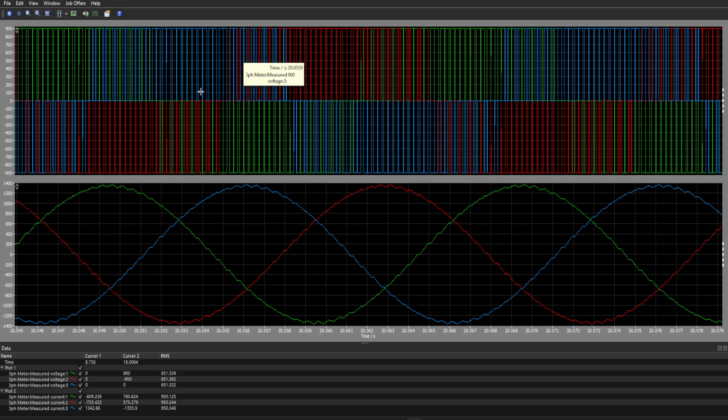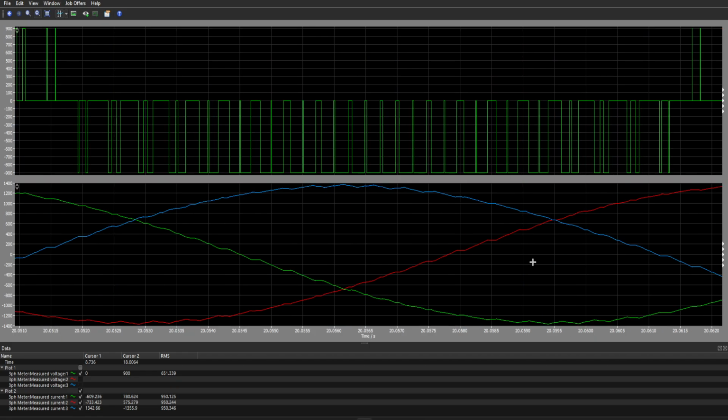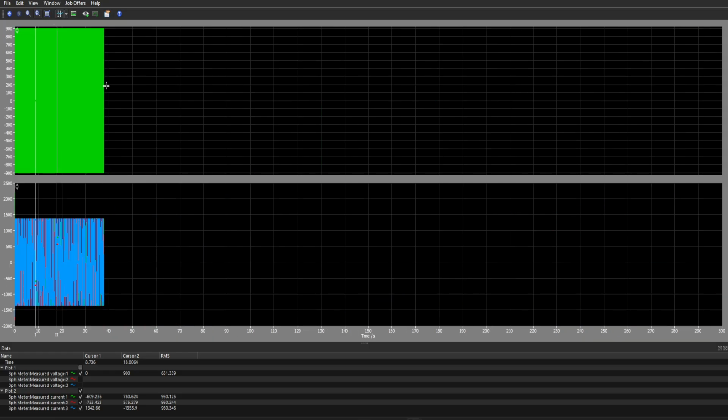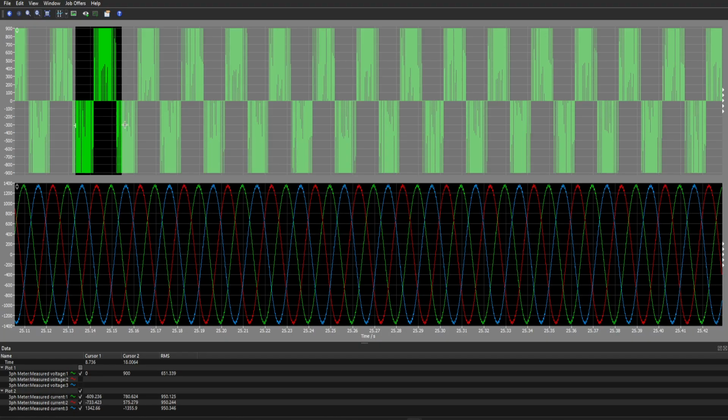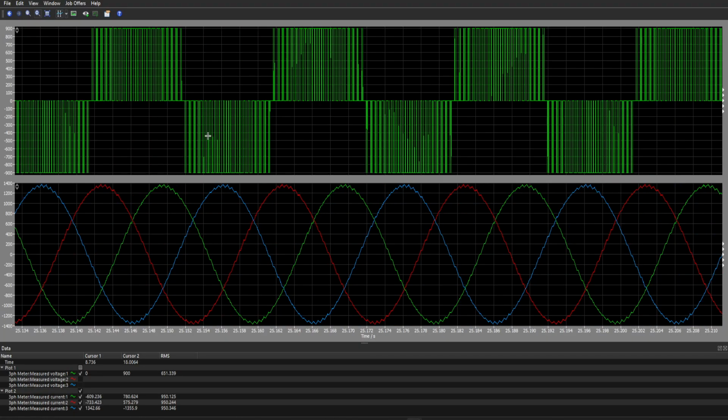Is it 2 levels or 3? 1, 2, 3. I need to check. I don't remember what I mentioned, but you see the voltage levels are changing from plus VDC to minus VDC. So these are the generated outputs.